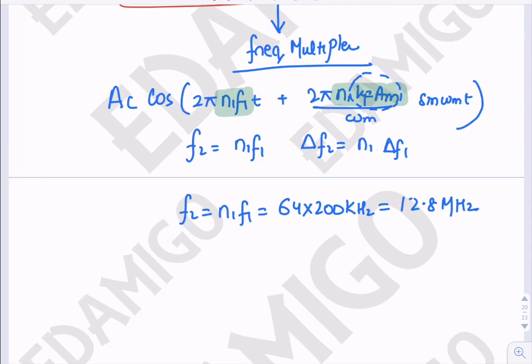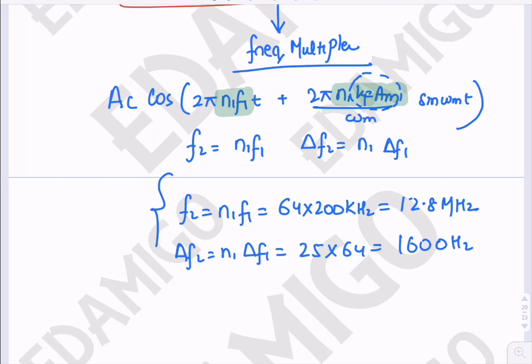And delta f2 is equal to n1 into delta f1, and we know that delta f1 was 25 hertz, so this will give us 25 into 64, that will come out to be 1600 hertz.